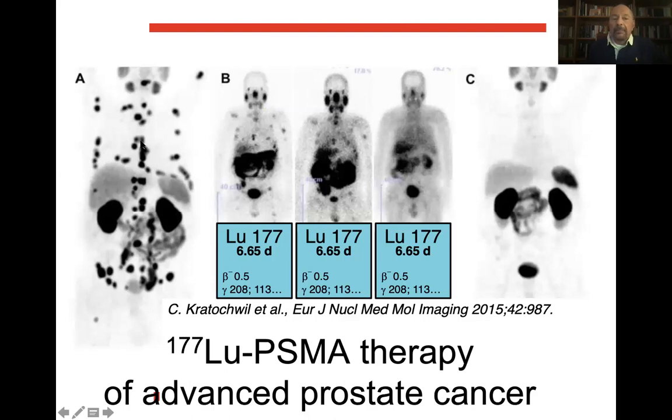This is a patient that generally has no hopes, but then he had 3 injections of lutetium-177 at the distance of 1 week from each other, and that's what happens at the end. You see, all the metastases are gone. So you really were able with PSMA to target the receptor in the metastatic prostate cancer and to kill all the metastases.